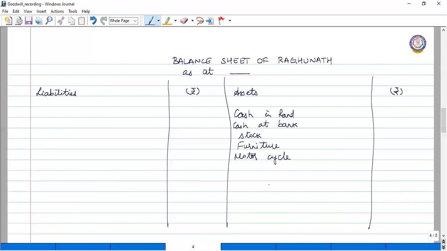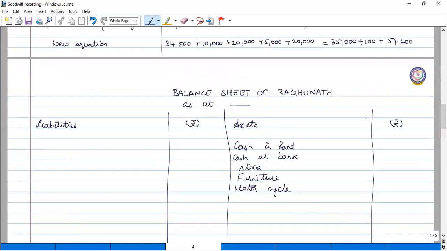Okay, now we'll just write the balances. 34,500, 10,000, 20,000, 5,000, and 20,000. Okay, now coming to the liability side.